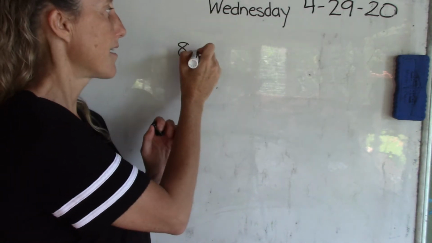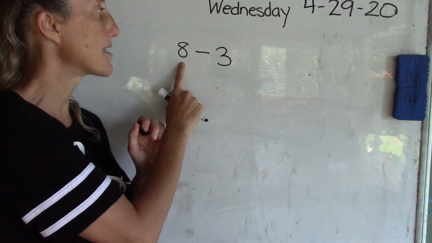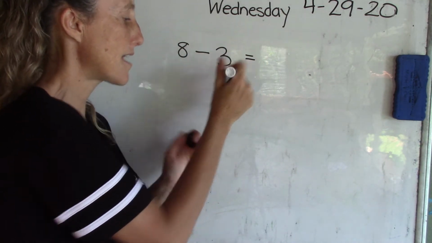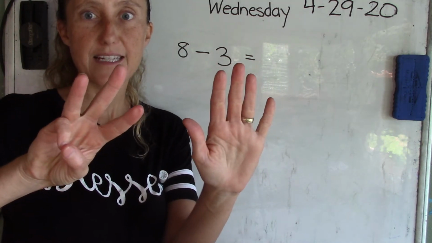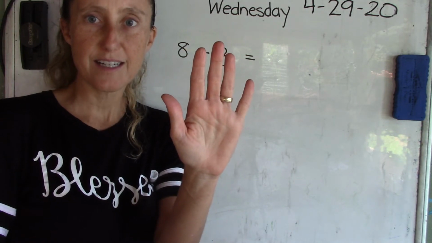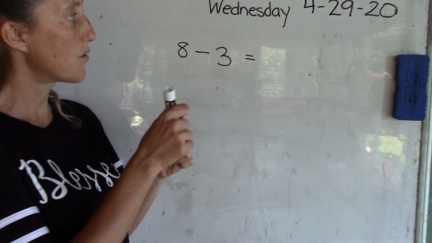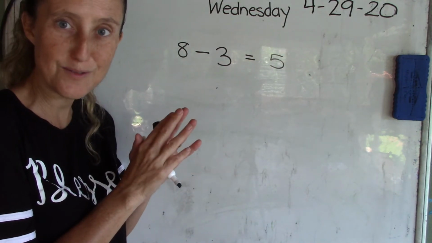Minus, take away, subtraction. 3 of you left, so that's 8, take away 3. What does that equal? Well, if I have 8 and I take away 1, 2, 3, how much is left? 5. So there's 5 more kids doing their math worksheets, and hopefully they'll finish soon. They can go to recess.